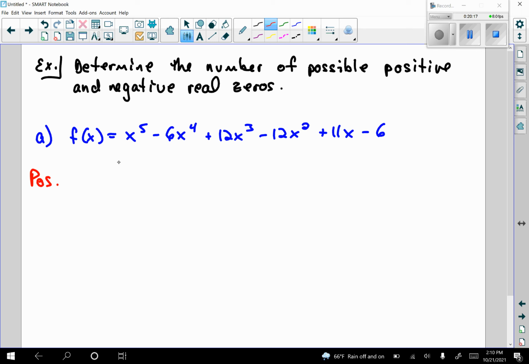All right, so all we have to do for possible positive real zeros is just count the sign changes. So our first coefficient is positive, so we have a sign change here. We have a sign change here. Changes signs again, again, and again. So we have 1, 2, 3, 4, 5 sign changes in f of x.